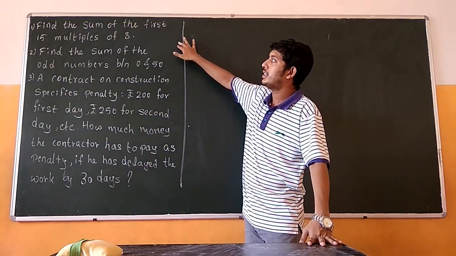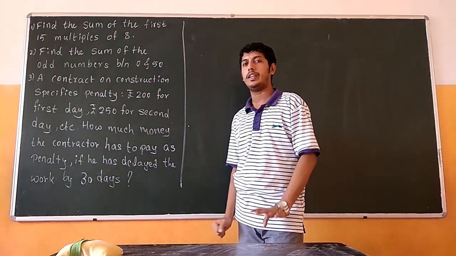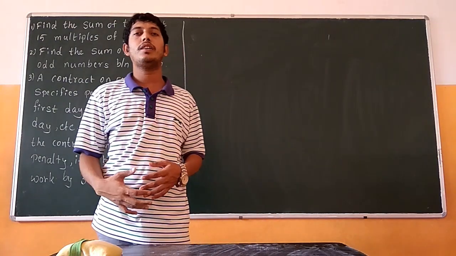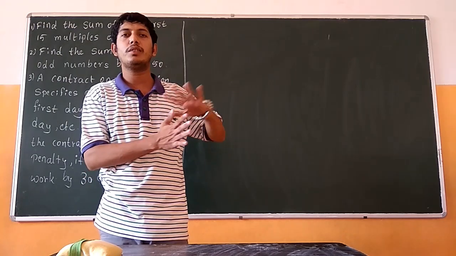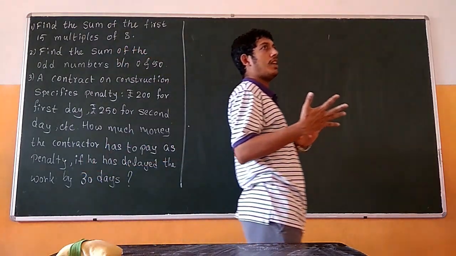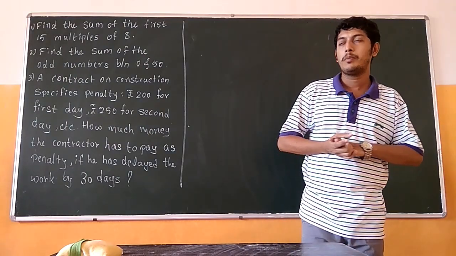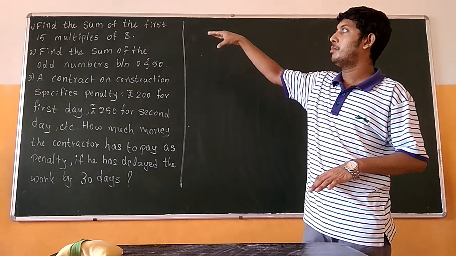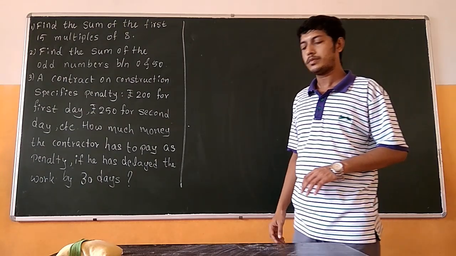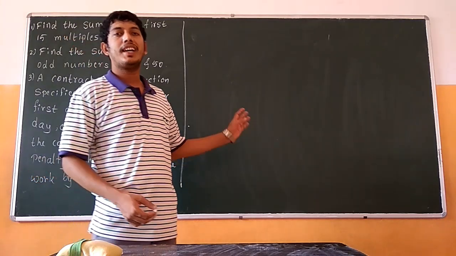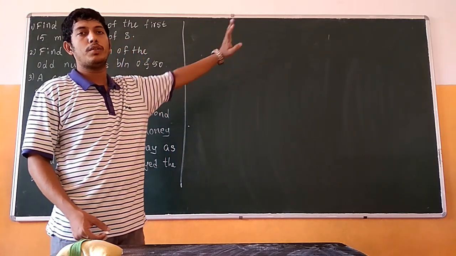Find the sum of the first 15 multiples of 8. That means here the total number of terms is 15, so n is equal to 15. They do not give the value of the first term or the common difference, but they give the series as multiples of 8. So the arithmetic progression series becomes 8, 16, 24, 32 like that.